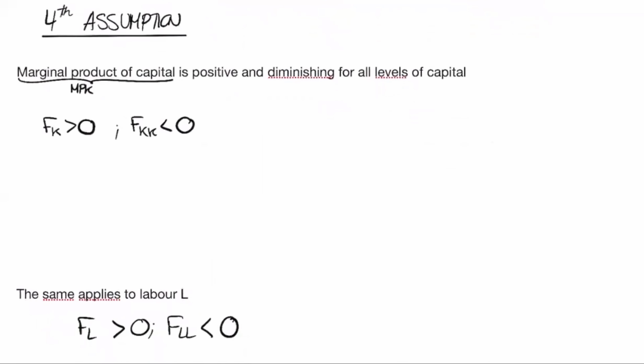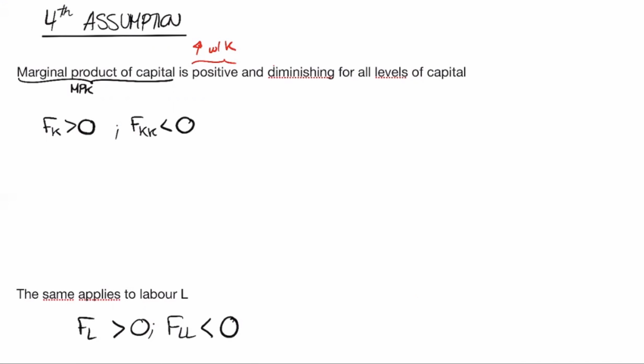Now, the fourth assumption, it is about the marginal product of capital first. So we write that as MPK, and we say that MPK is positive. So that means output increases with capital and diminishing for all levels of capital.